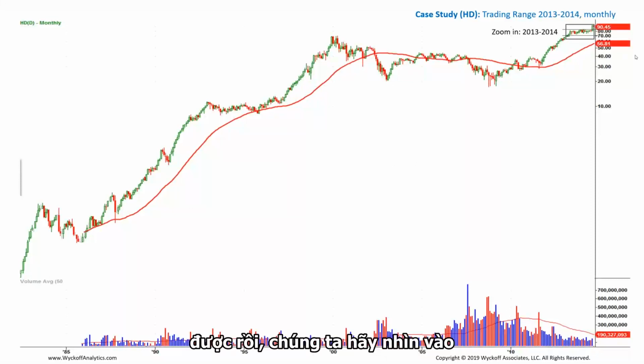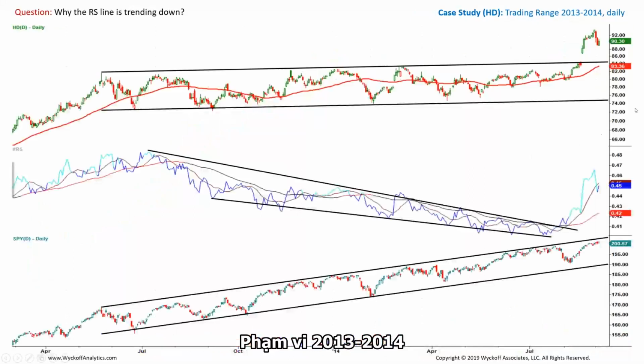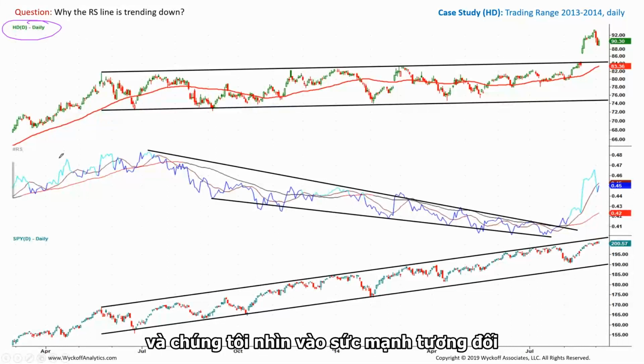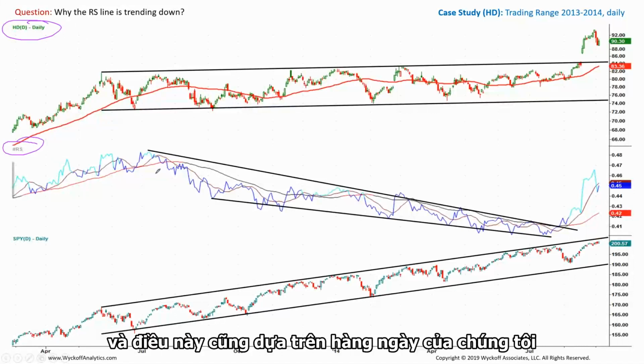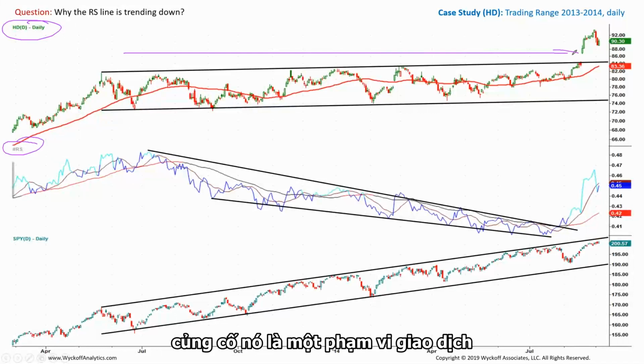All right, let's look at 2013-2014 range. And here is the next question. We look at the price of the stock on the daily, and we look at the relative strength ratio line. And this is also based on the daily. We see that the price just basically consolidates.